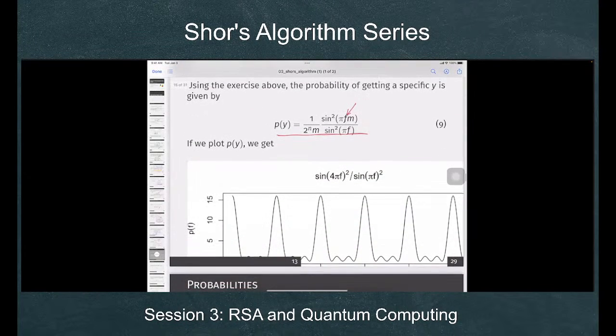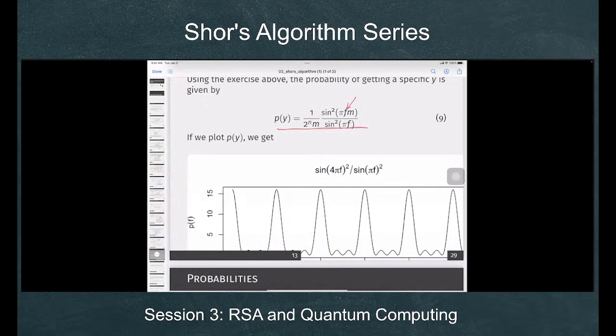If we do that and plot this, we actually get this one here. Looking at this graph, what can we say about this probability?